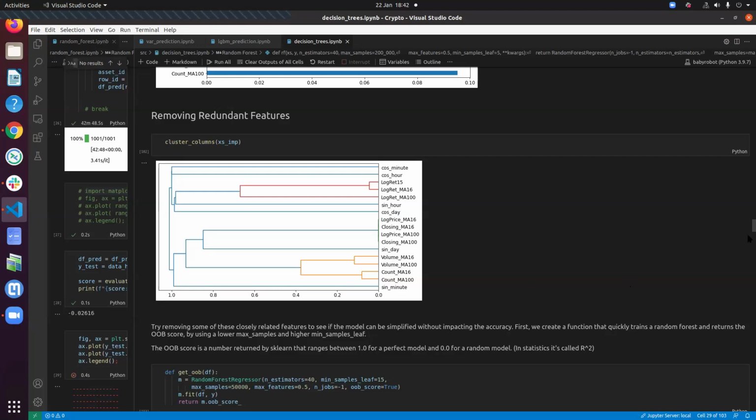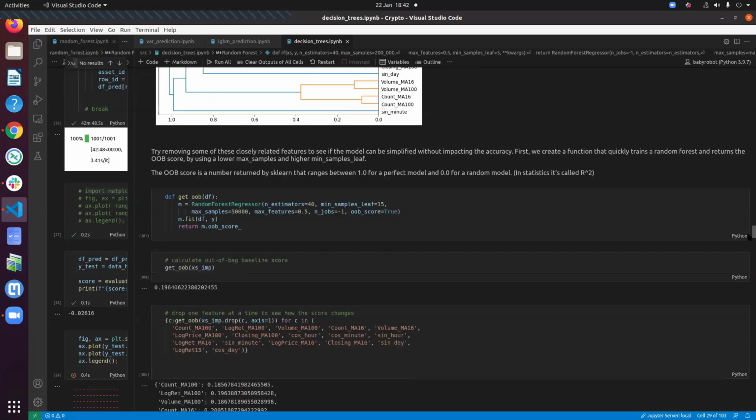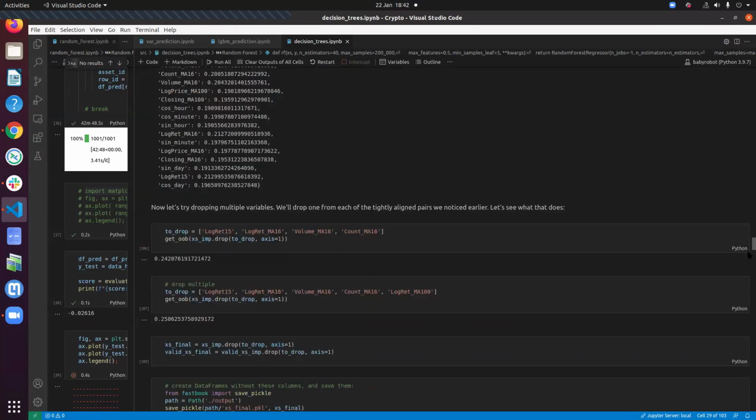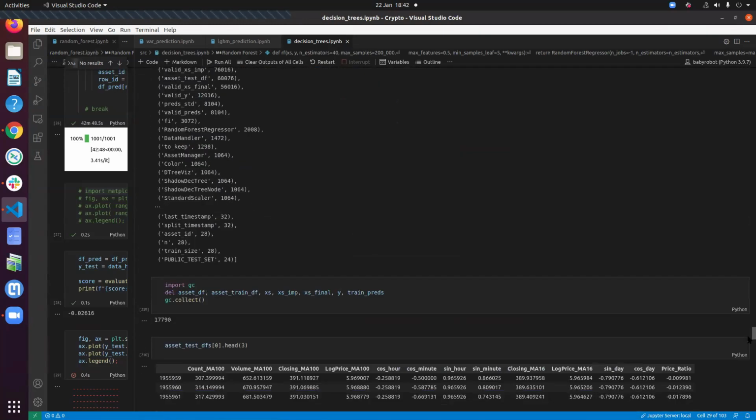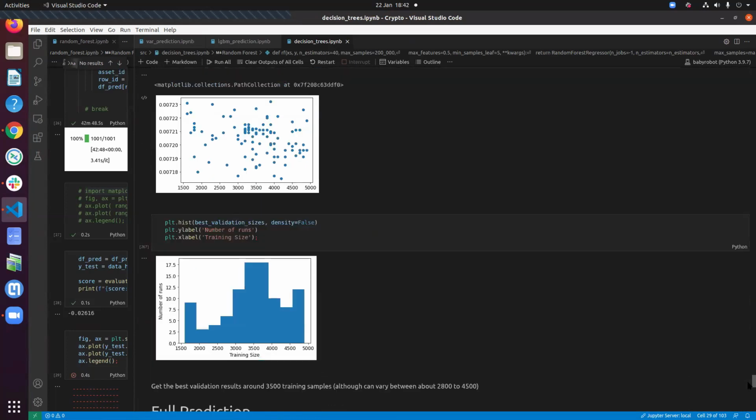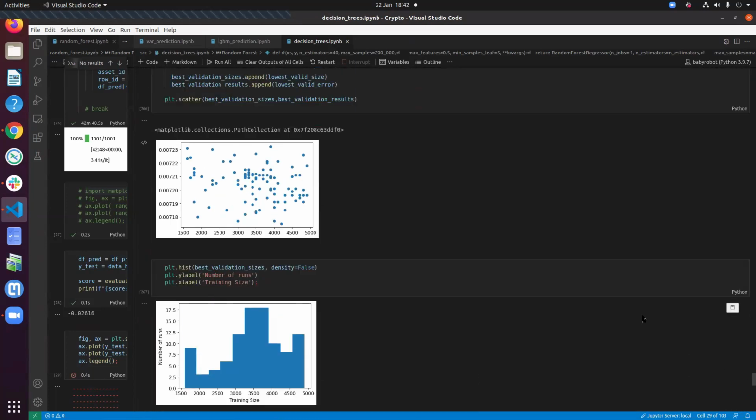With that, I ended up dropping from 34 features down to 12. And also you can train it multiple times. Originally I was training my random forest on 400,000 training samples, and it was taking quite a while.